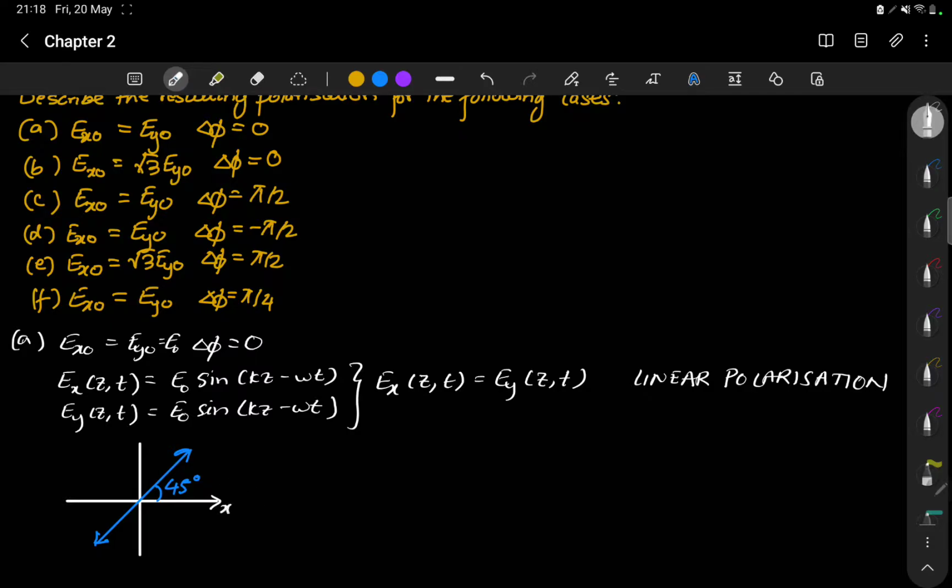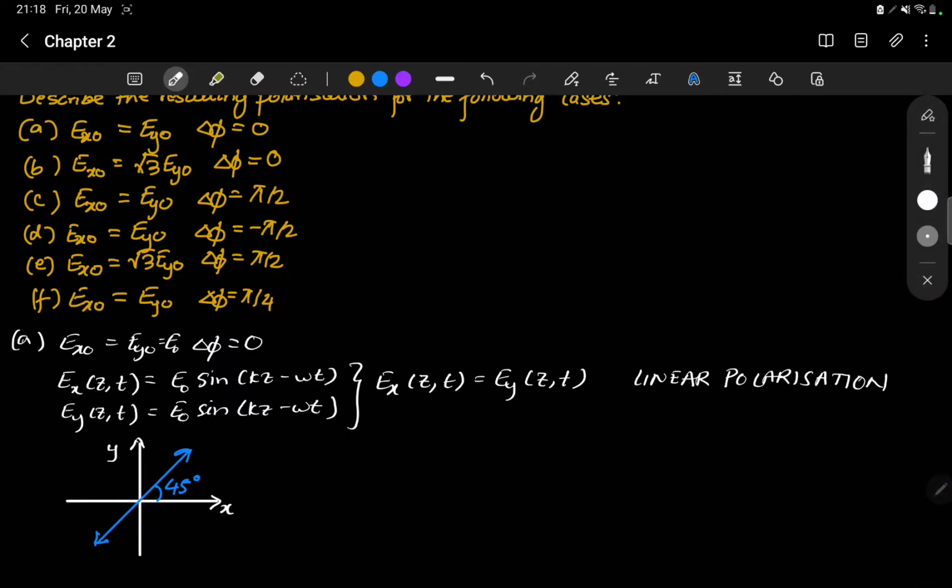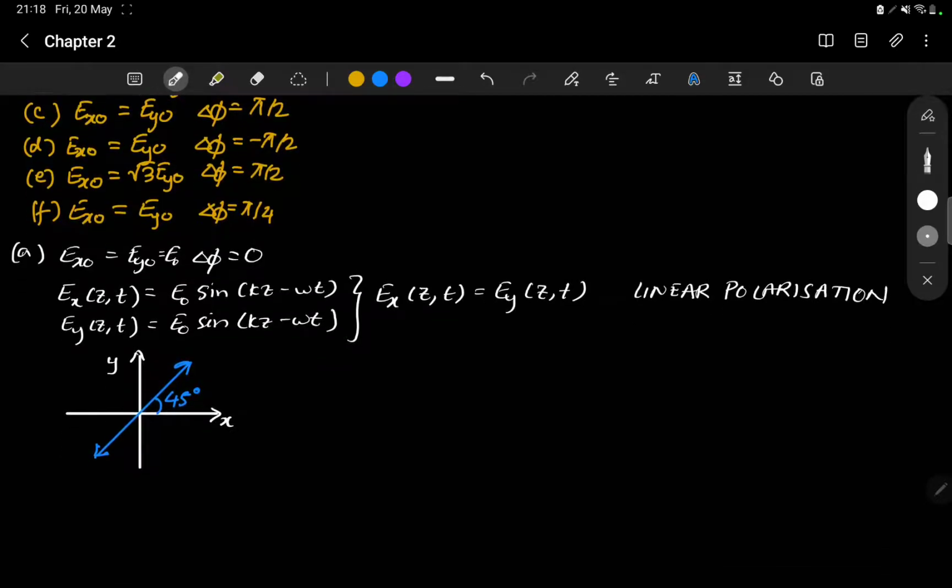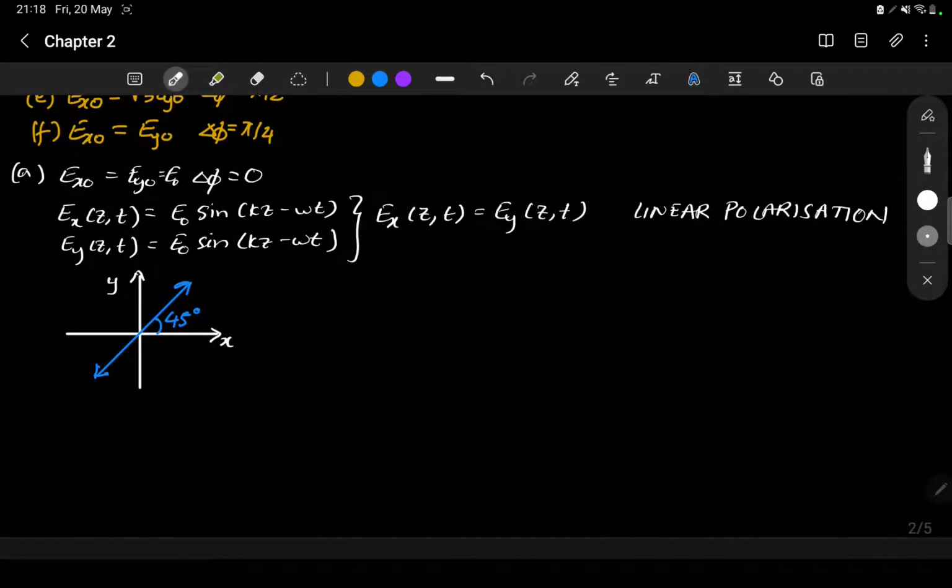This is the x-axis, this is the y-axis. Because Ex equals Ey, the resultant electric field makes an angle of 45 degrees with either the x-axis or the y-axis. Similarly, we will solve for all the other parts.